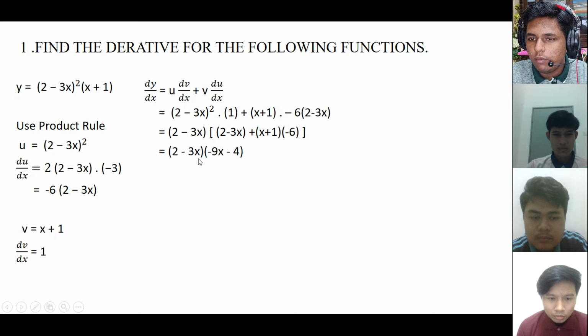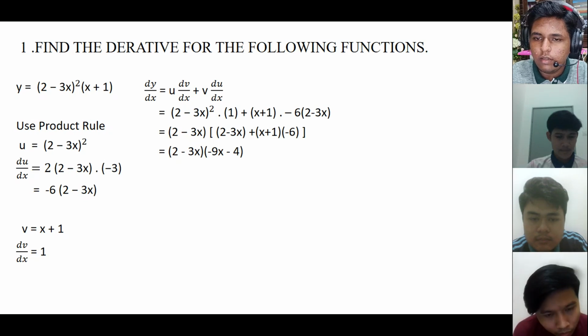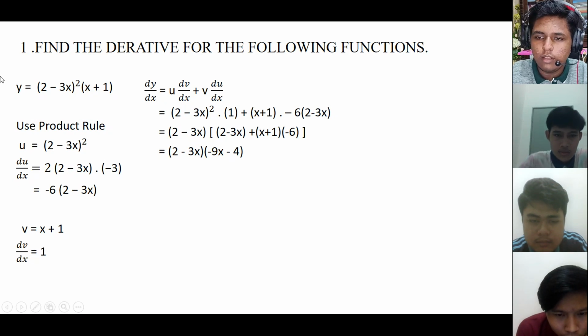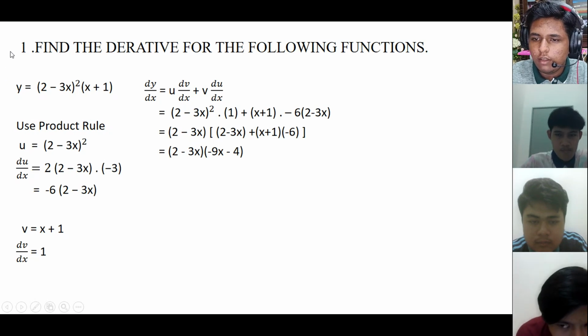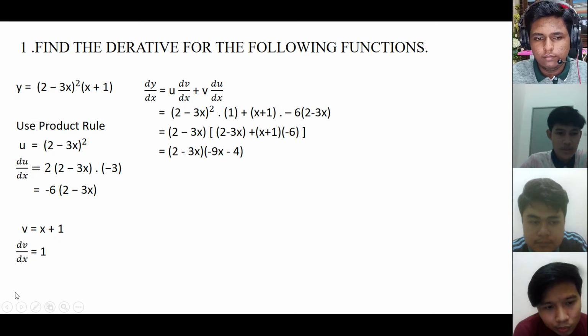So we will get bracket 2 minus 3x, bracket 2 minus 3x plus x plus 1 multiply negative 6. For the final answer, we will get bracket 2 minus 3x, bracket 2 minus 3x and bracket negative 9x minus 4. Okay, thank you, Alignment.